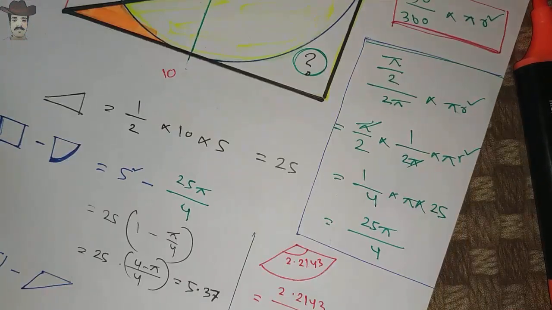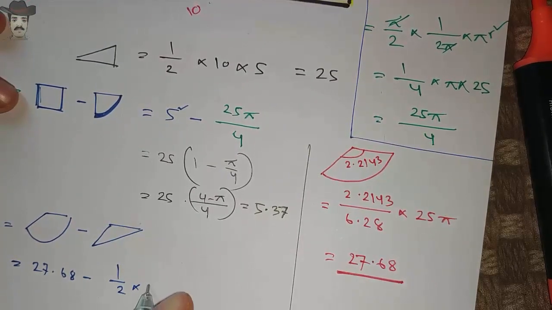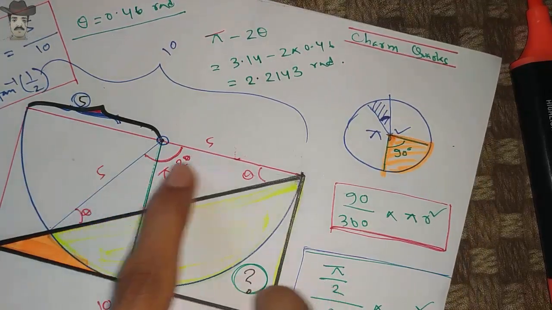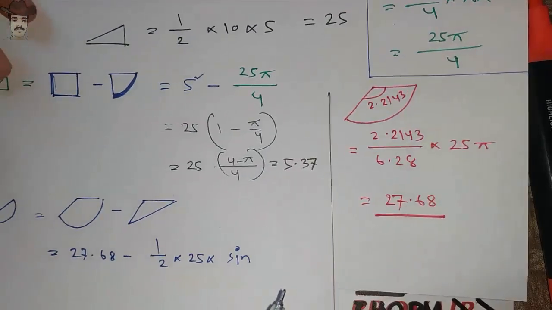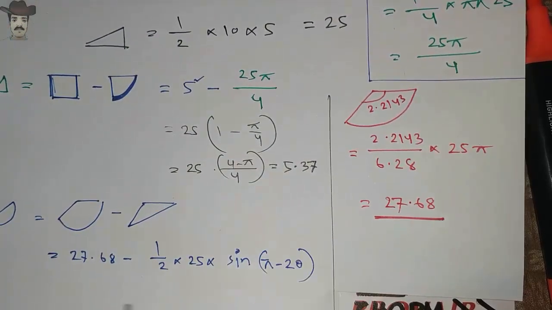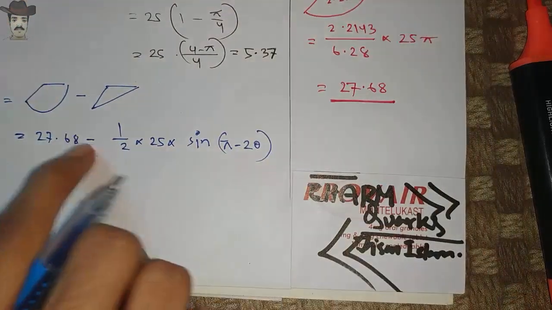So this will be half into 5 into 5, that is 25, and sine of the angle between these two sides, which is pi minus 2 theta. Now let's concentrate only on these portions.